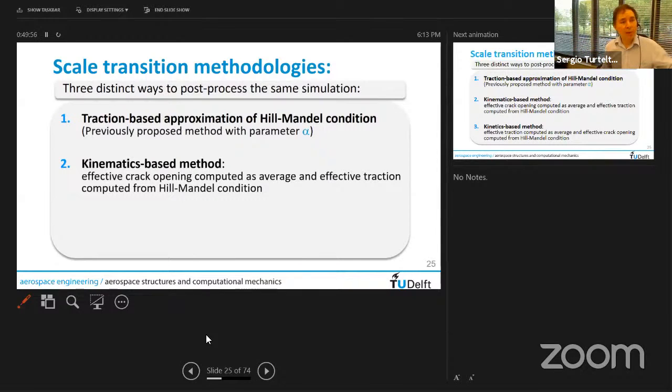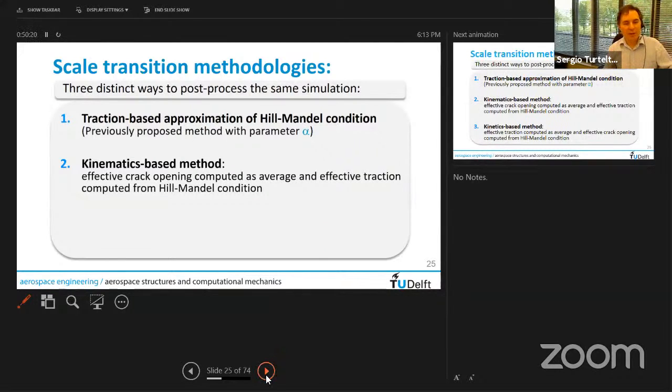And we do so by redefining what the traction is. So we compute the crack opening as the average, and the effective traction is whatever is required to satisfy the Hillman condition.